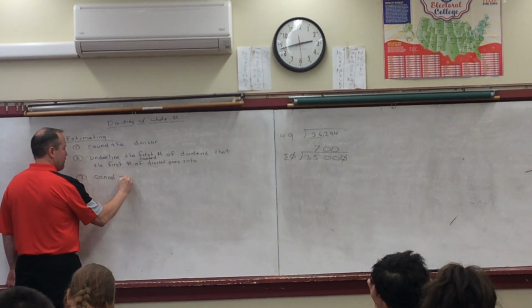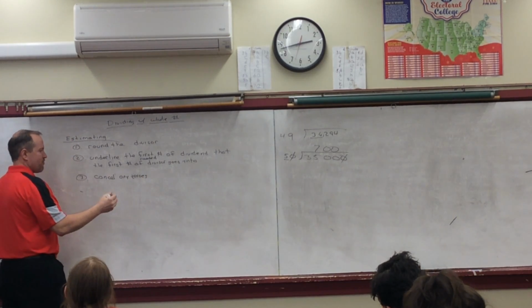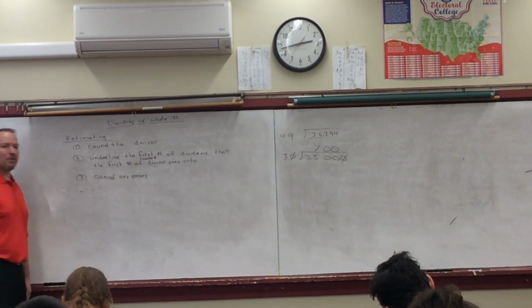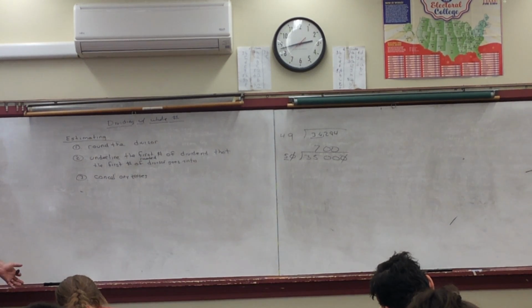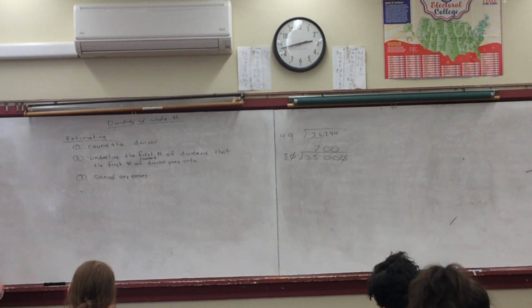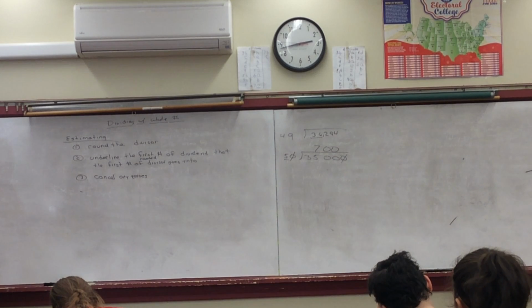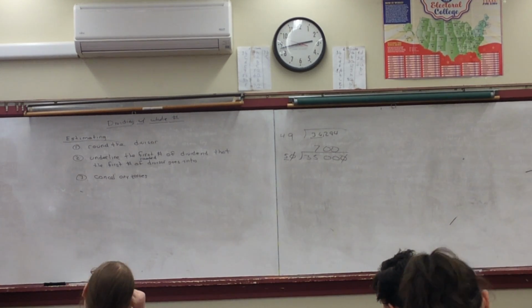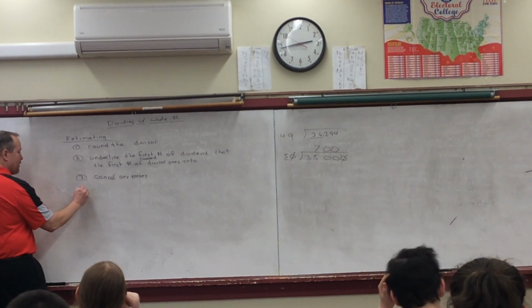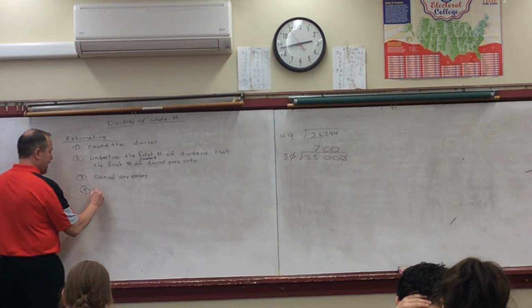Cancel any zeros. I'll just leave it at that. Okay? Keep in mind, as you have in your notebook, you're going to have an example that you can relate to. And then finally, after we canceled, divide normally. Just divide normally.